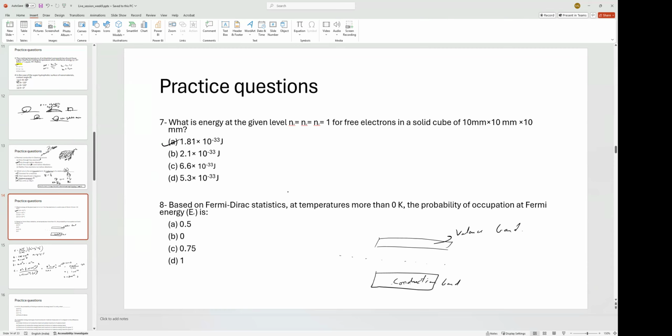For silicon at 0 Kelvin, the Fermi level lies in the middle. What it means is where occupation probability is 0.5 or 50%. So you have 50% chance of finding an electron at this energy level.